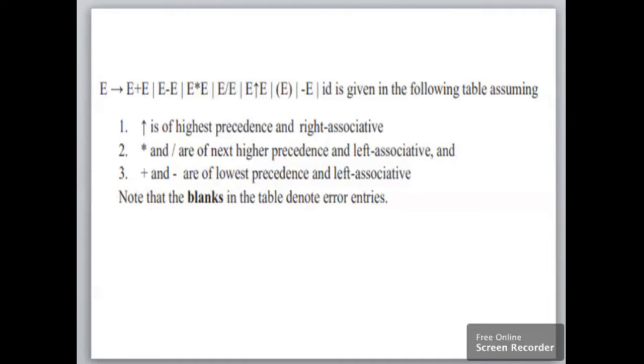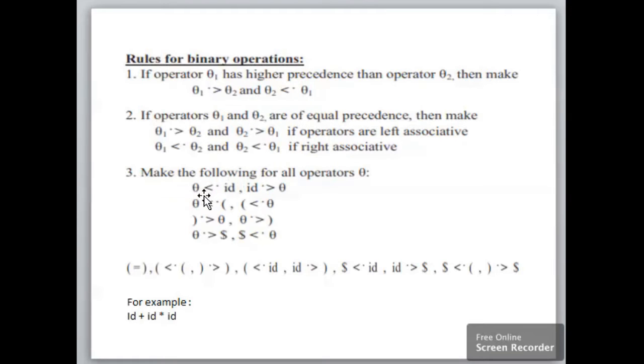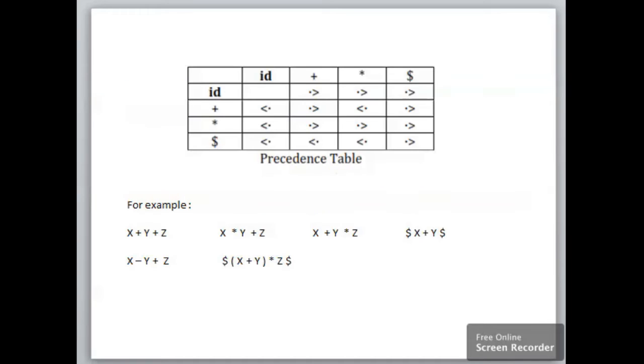If I make it in terms of a table, id compared with plus, id would always have a higher precedence, as we have already seen. Same way, id compared with an asterisk, id would have a higher precedence. Id compared with the right end marker, id would have a higher precedence.